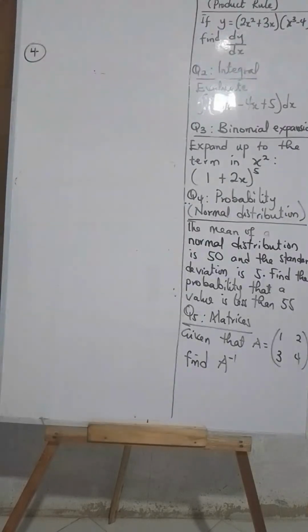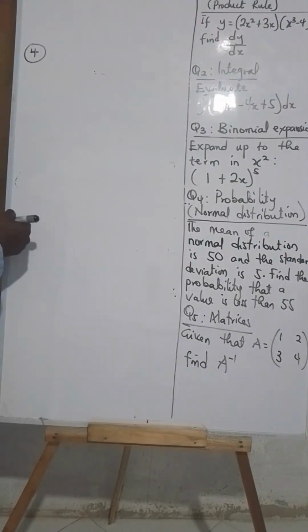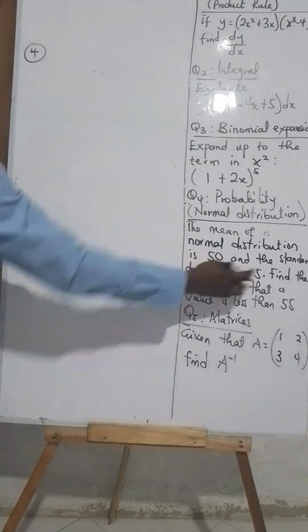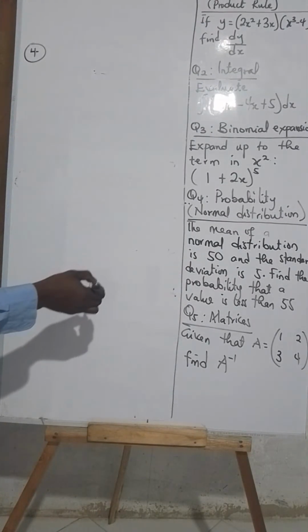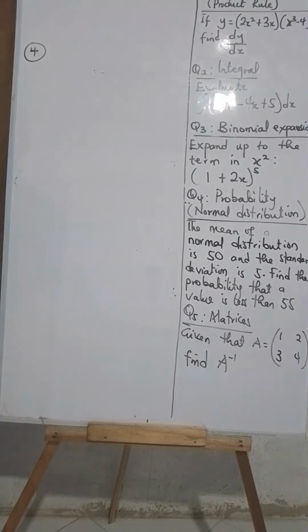They are saying that the mean of a normal distribution is 50 and the standard deviation is 5. Find the probability that a value is less than 55.